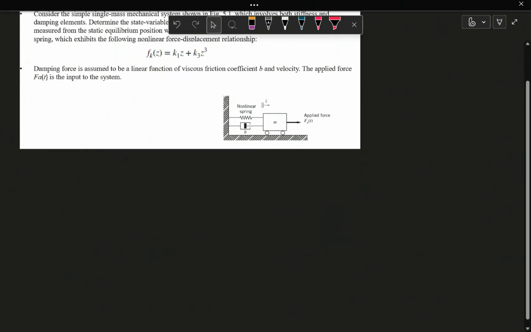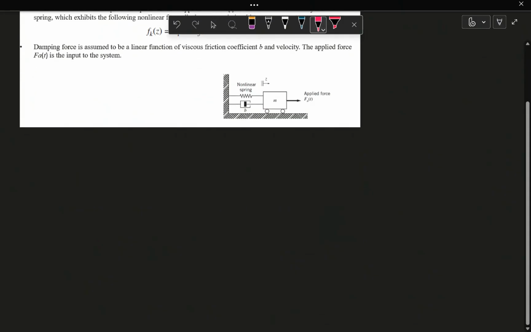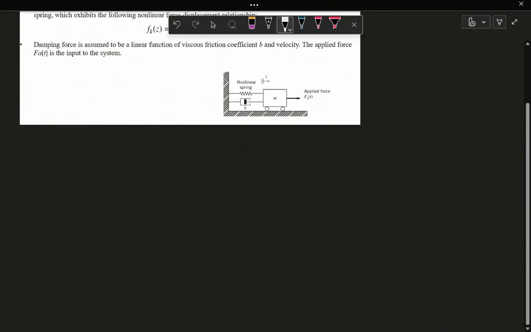For this problem, since this is super easy, I'm going to skip the steps to derive the model. I'm going to leave it to you guys to derive this model. If you apply the nonlinear spring to this model, you'll see that the dynamics of the system is m z double dot plus b z dot plus k1 z plus k3 z cubed equals the applied force, capital F sub a, as a function of time.